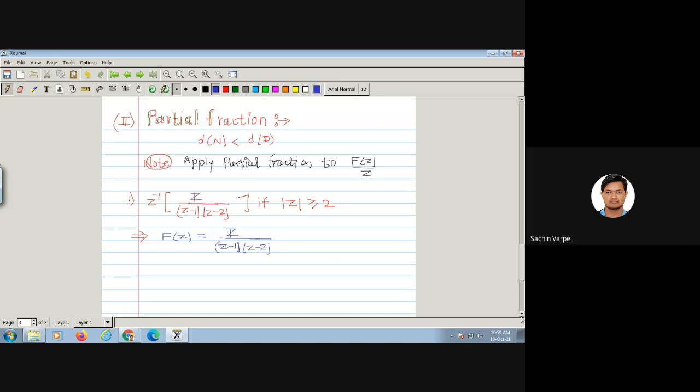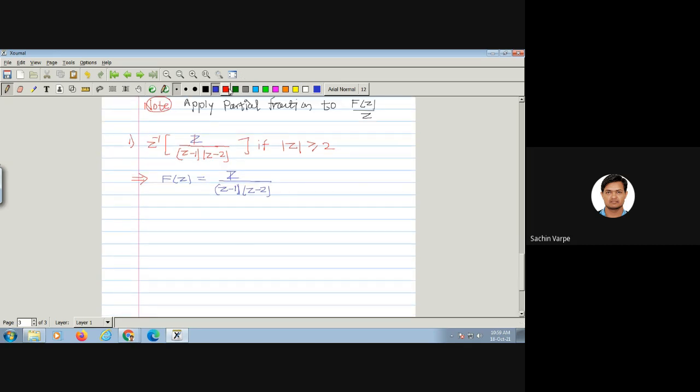So when I divide both sides by z, because we want to apply the partial fraction, F(z) by z is 1 upon (z minus 1)(z minus 2). I request everyone to apply the partial fraction and tell me the values of A and B.